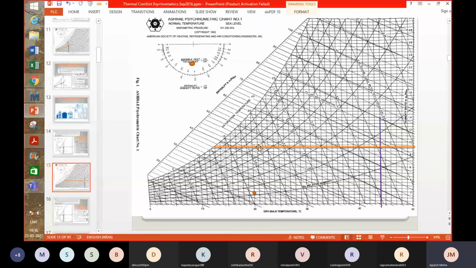So this is the final point, and then you can draw a line joining these two, which is having very high slope. So that's about the steam injection and the final state that you produced by steam injection. What you could see is mainly the humidity ratio has increased, and because of the higher humidity ratio, the enthalpy also has increased, but the temperature change is quite small when you inject the steam.